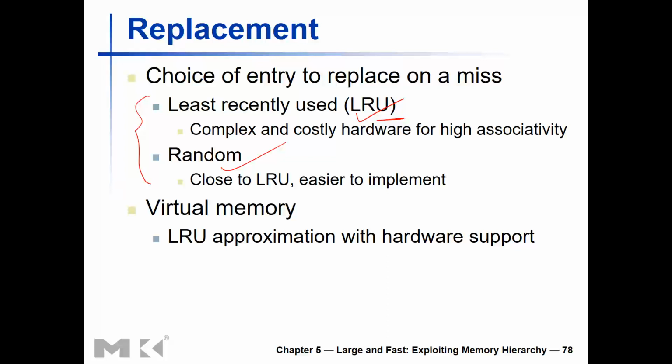Random is easier and has a reasonable replacement, so it is a good candidate. But for the virtual memory, we will use the least recently used method, but to reduce complexity, we'll use a least recently used approximation, with the support of the hardware.